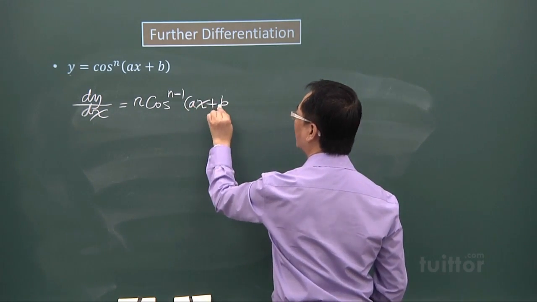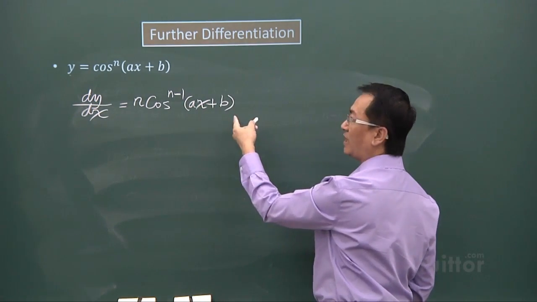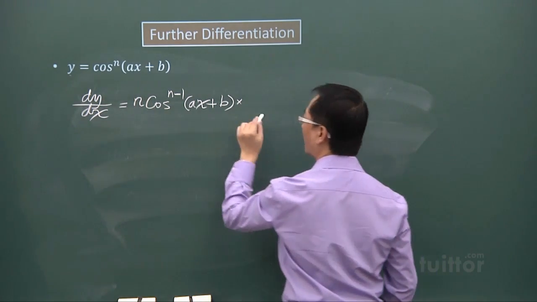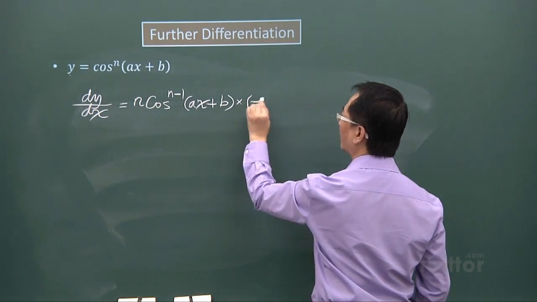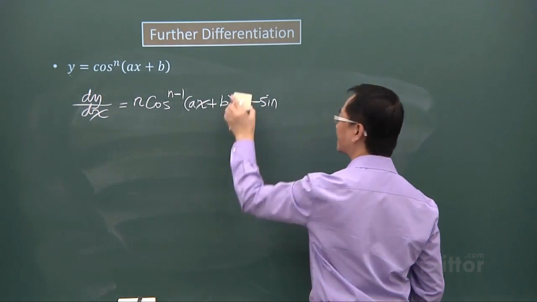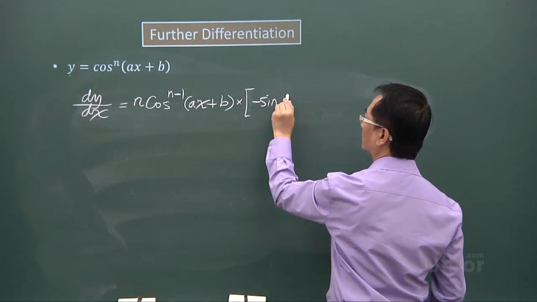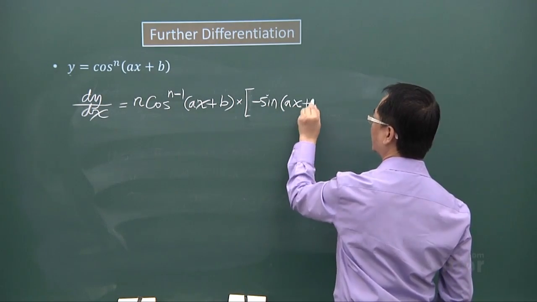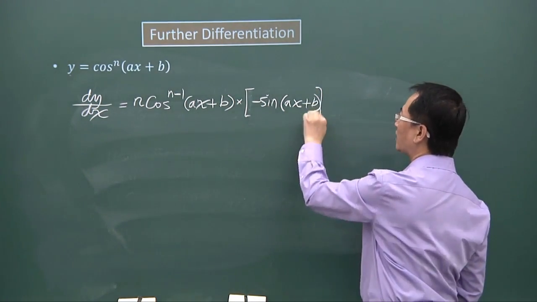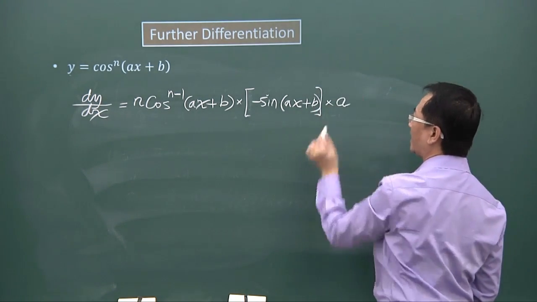The expression of the angle remains the same. Then next will be the differentiation of cos. Cos will become negative sine bracket ax plus b. Then differentiate the angular expression, you get a.